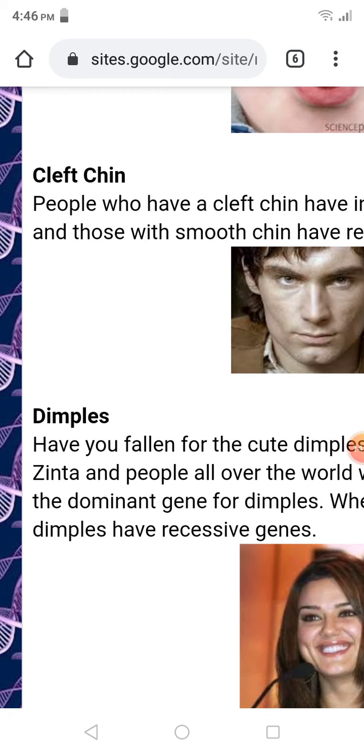So after a while, I was like, well, there's gotta be at least two different groups of white people at this point, because a lot of black people also have the cleft chin, and some sites are saying it's recessive, some sites are saying dominant.